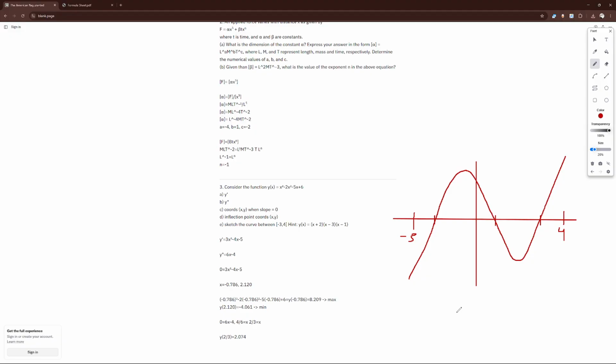I didn't actually calculate any values for this. You can intuit that this is going to be negative if you don't want to calculate it. Same thing here. You can estimate that this is positive and just know that this is a min, this is a max. Leading up to a max, it's going to be like this. Leading up to a min, it's going to be like this. It's pretty easy to figure out without actually calculating stuff. So this is what your graph looks like.